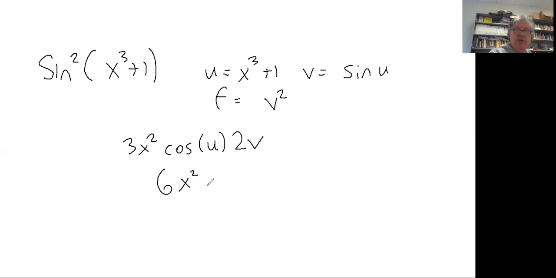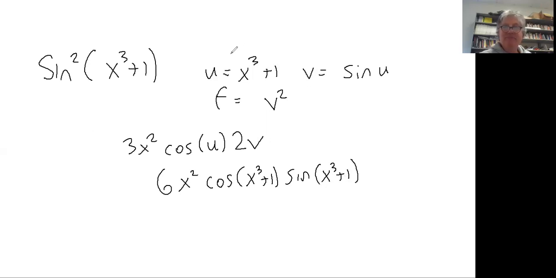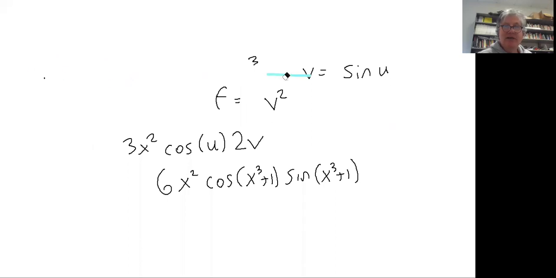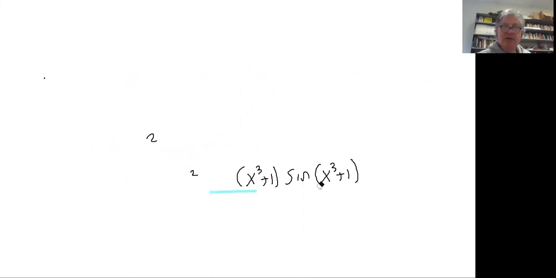Cosine of u, what's u? u is x cubed plus 1, so that's cosine of x cubed plus 1, and v was sine of x cubed plus 1. Wow, that looks really complicated, but you can just do these chains, and as long as you've got patience and paper, you can take the derivatives.